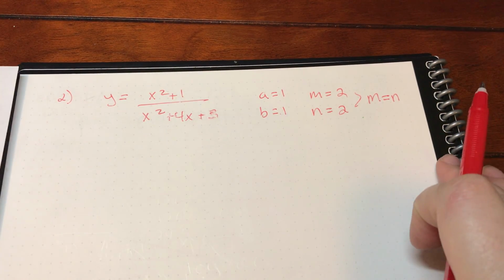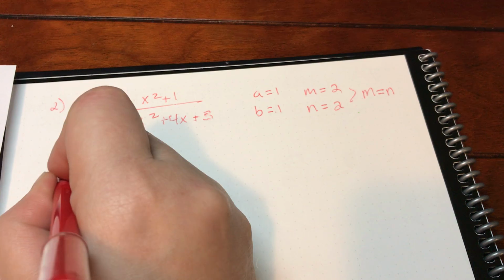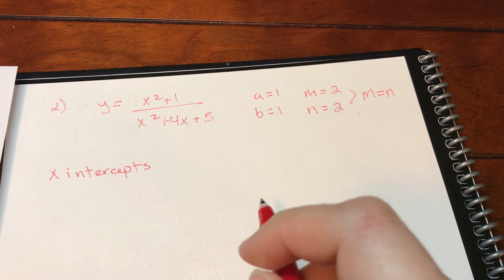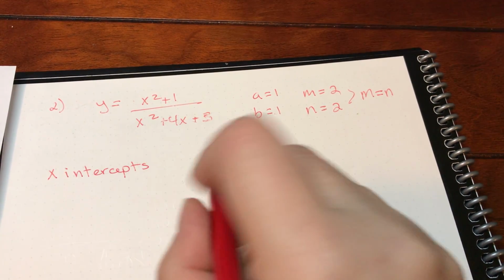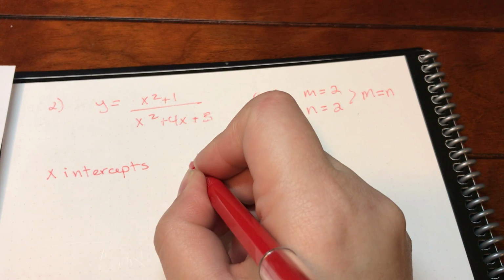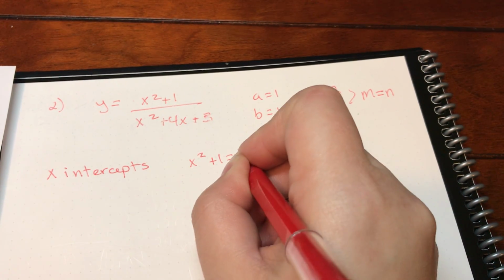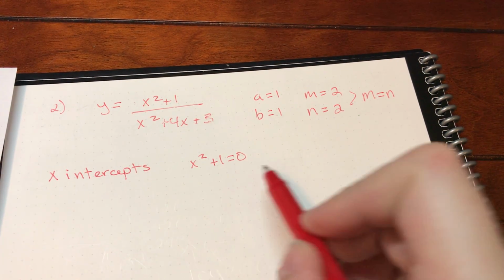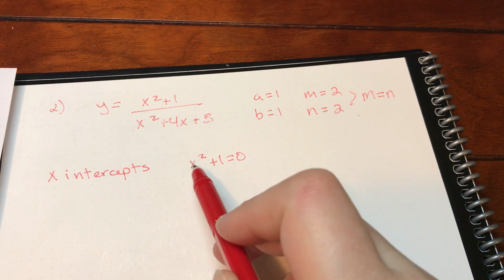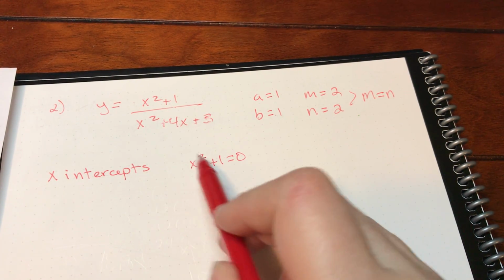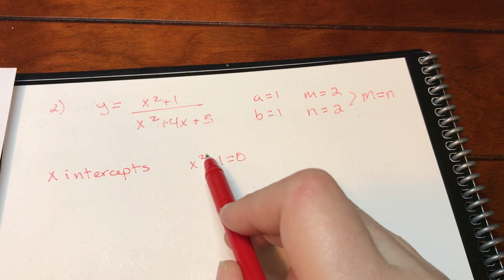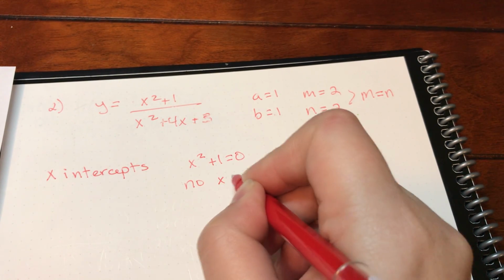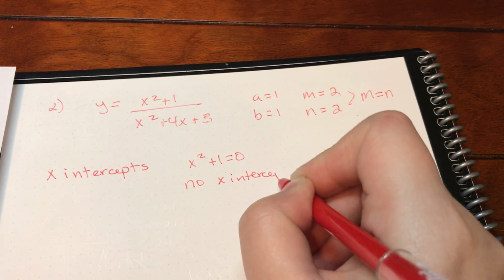All right. So first I find my x-intercepts. I make my numerator equal to 0. x squared plus 1 equals 0. There is no value for x that could make this true, because anything we put in for x we're going to square, and a positive plus a positive can never equal 0. So no x-intercepts.